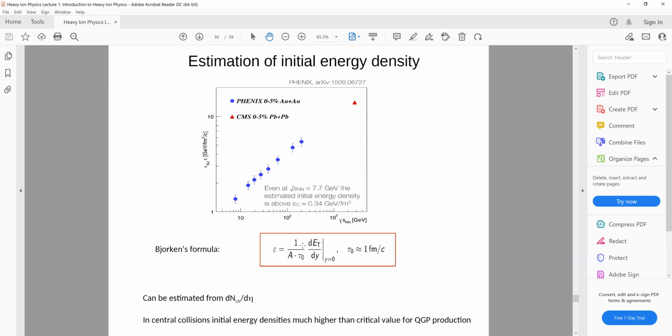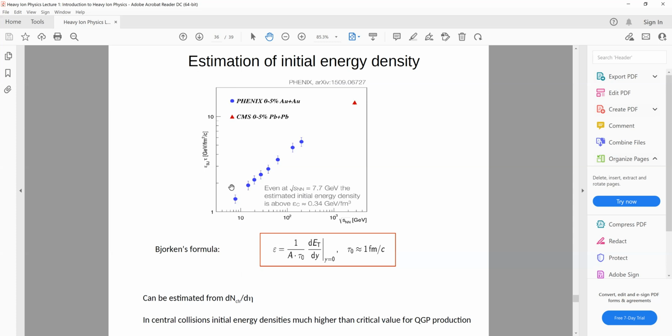Okay. And what has been plotted here is the energy density times tau, which is basically the formation time, which is again another input in your collision, as a function of beam energy. And if you put tau 0 as 1 fm, it has been shown that in central gold collisions the energy density, both at LHC and even in the beam energy scan at RHIC, is much higher than the critical value required for QGP production.